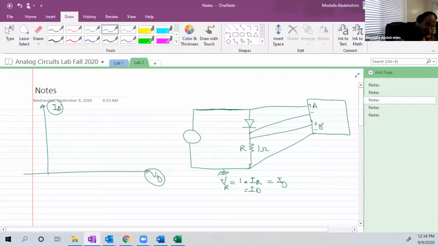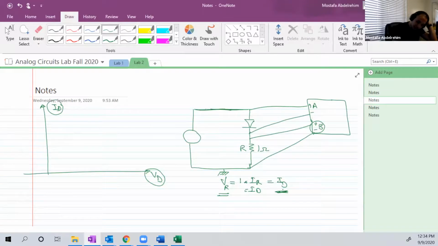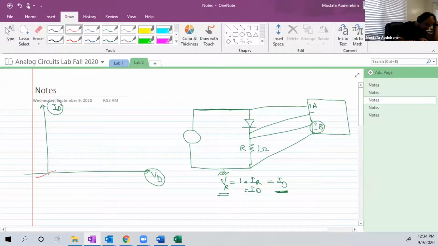Now the signal on channel B is exactly equal to ID. Of course it is VR, the voltage of R, but in that case with resistance equal to 1 ohm, it's equal to ID. Good. Now the oscilloscope will do the magic for us and draw something like this.